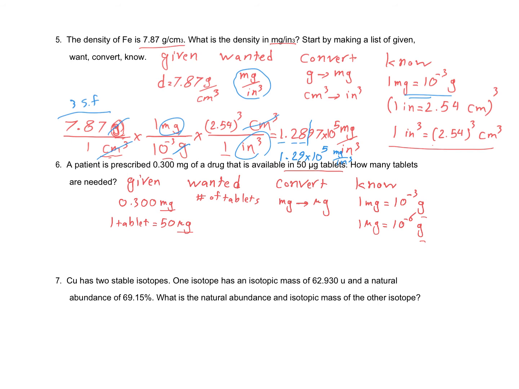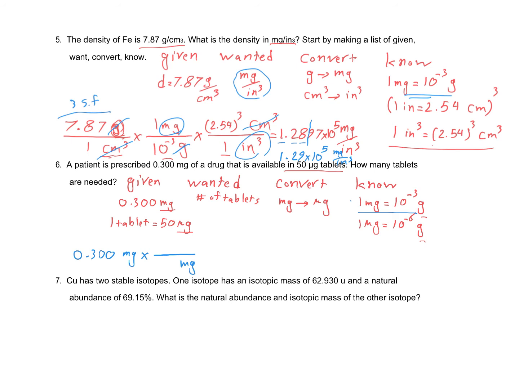So always start with the given information. We start with 0.300 milligram of the drug. Okay, so we want to convert that. So we have to go from milligram to gram because our equality here is milligram to gram. So milligram is on the top. I want to get rid of that, so I have to put it here so I can cancel it.